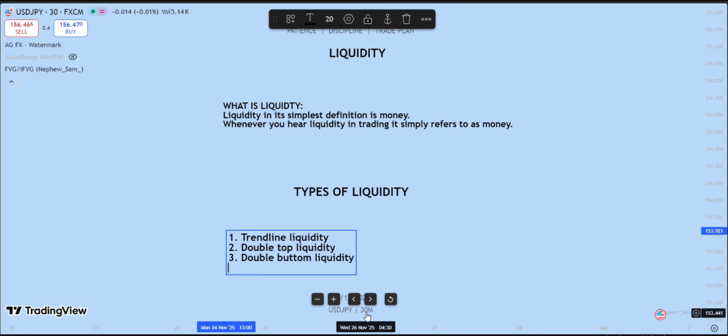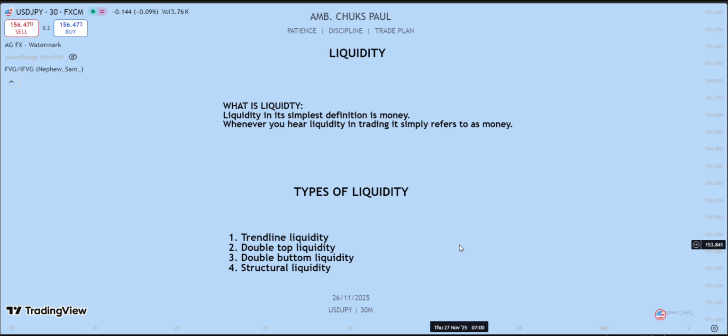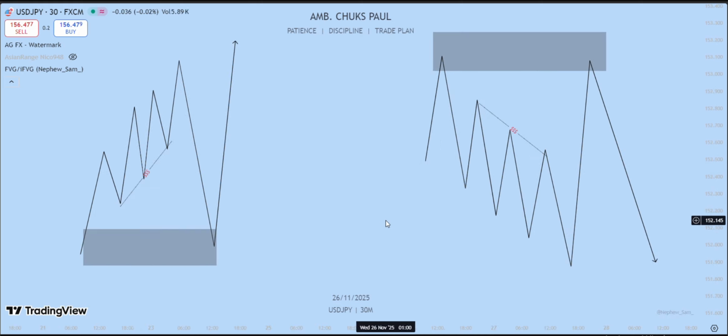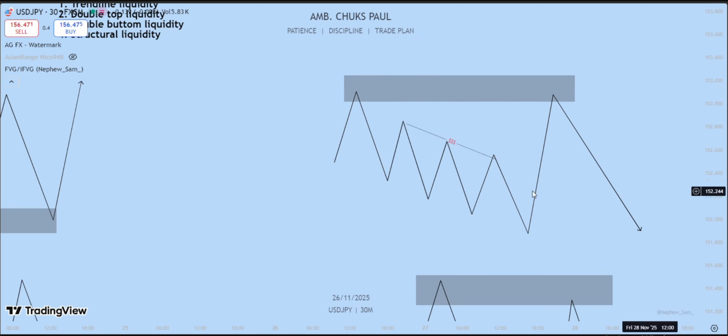The fourth one is structural liquidity. So these are the four different concepts of liquidity. All right, so let's quickly dive into how it looks on the charts in our sketching.